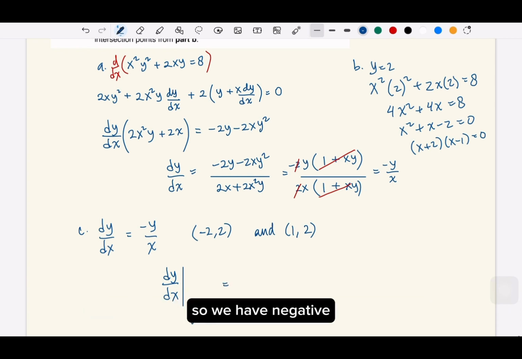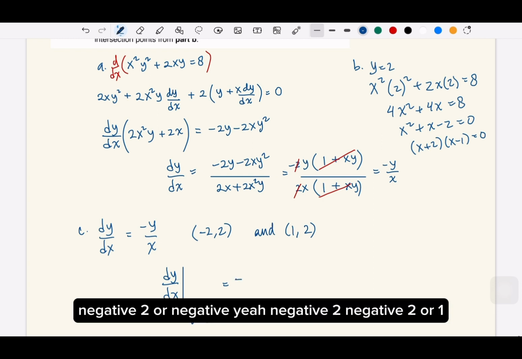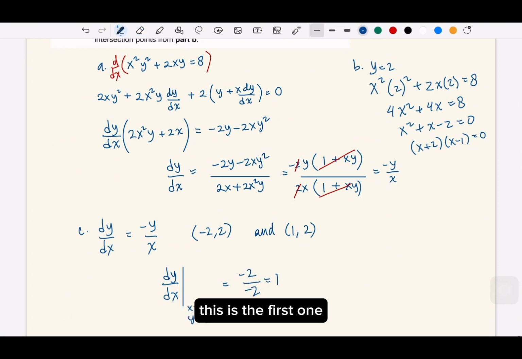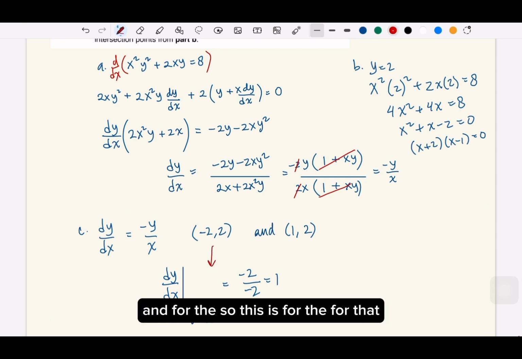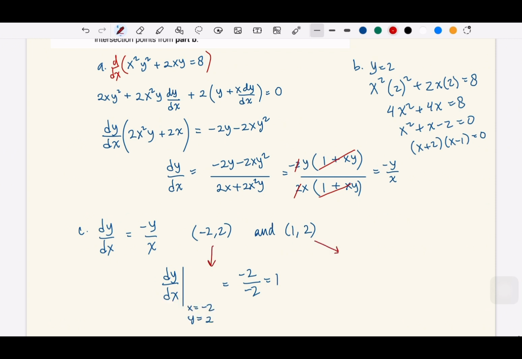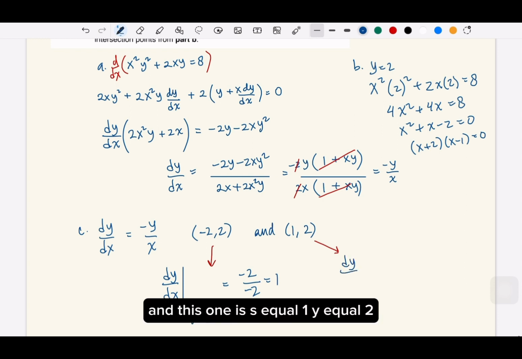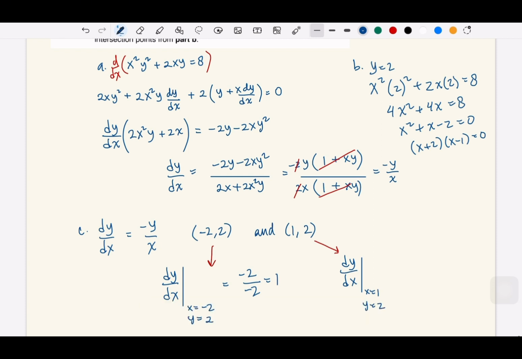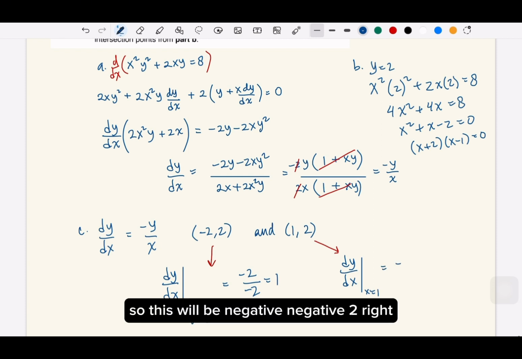So we have negative 2 over negative 2, which is 1. This is the first one, and this one is x equal 1, y equal 2. So this will be negative 2, right?